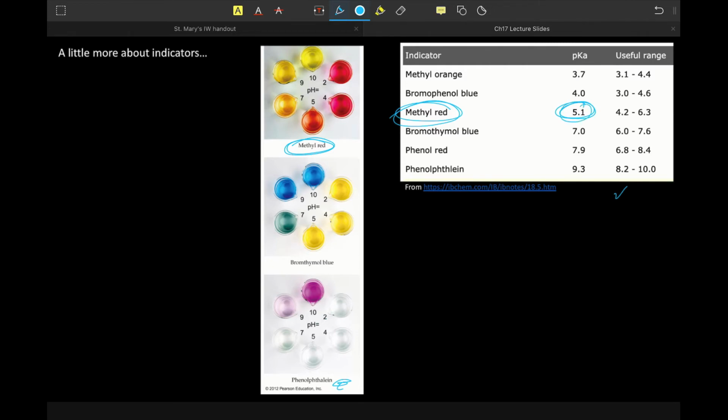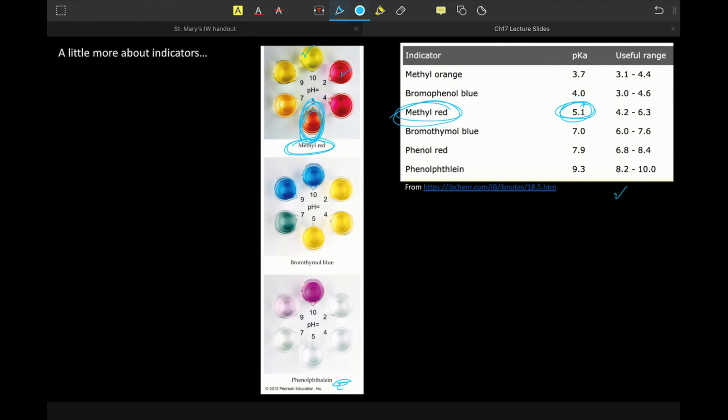So with a pKa of 5.1, approximately at 5 is when it's the bright orange color, somewhere in between the yellow and the red, where orange represents approximately 50-50 of the yellow and the red.